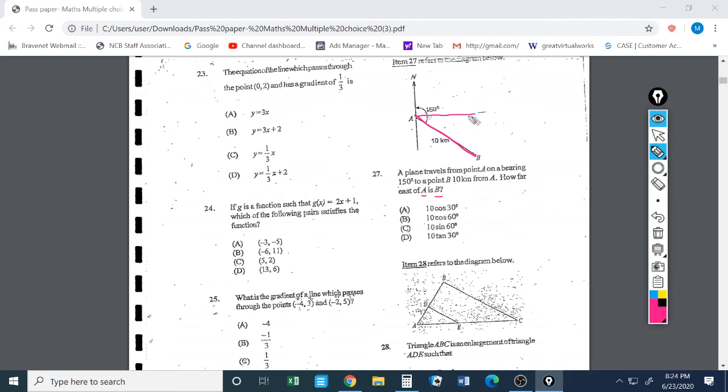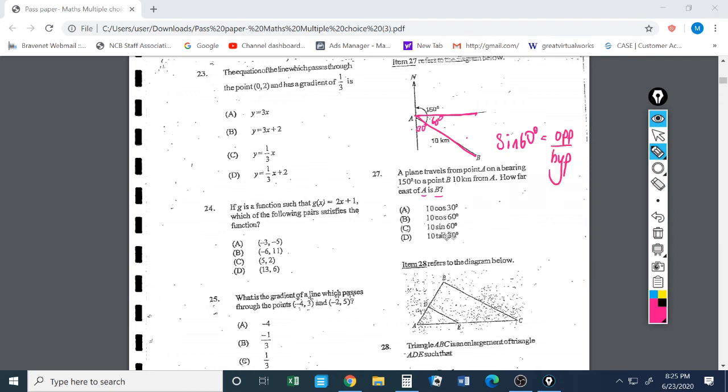To find this distance, this angle would be 30 degrees, this angle would be 60 degrees, right? And we need the side that is opposite to the angle. This side gives us sine 60 degrees equals the opposite side over the hypotenuse.